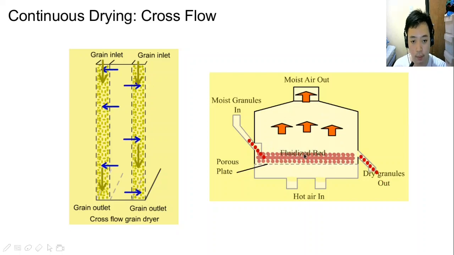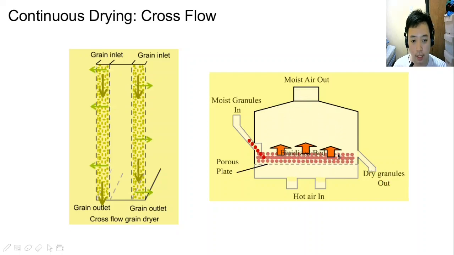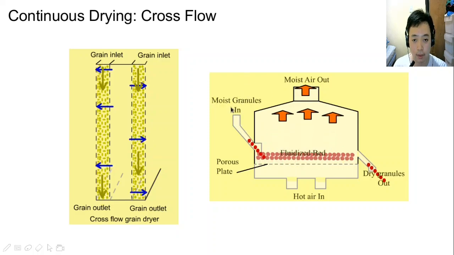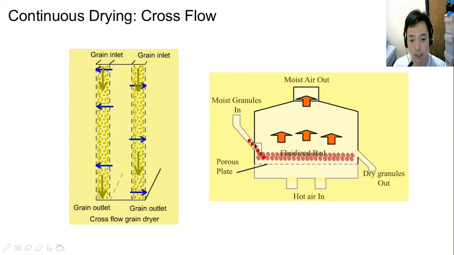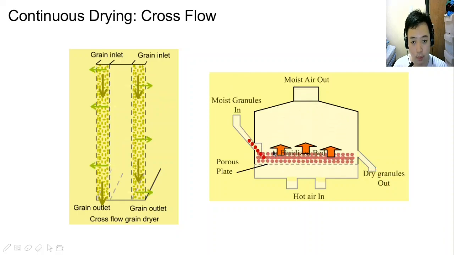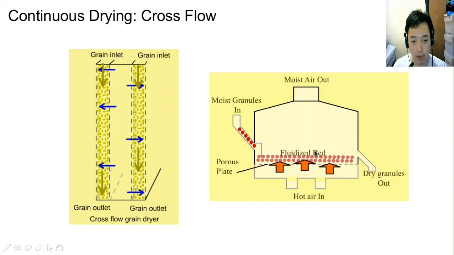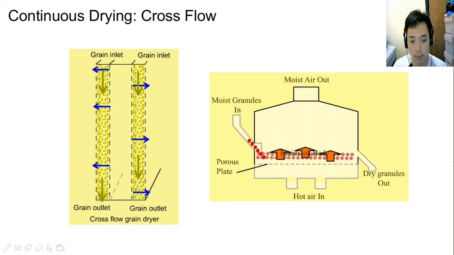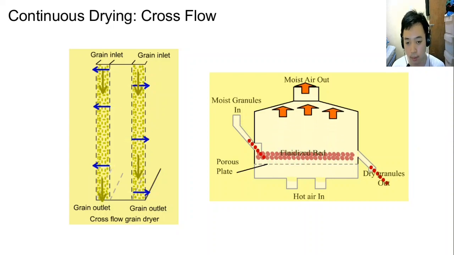This fluidized bed is actually run by a conveyor. So the granules will come in here, and then the conveyor will push the products. So it causes the products to move while it's being dried, and will go out as dry products.